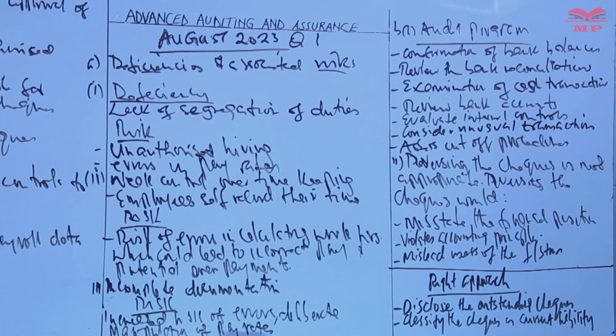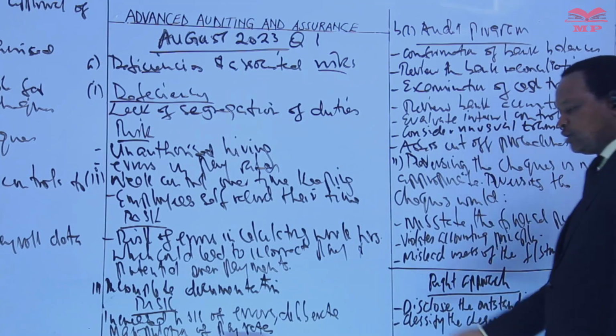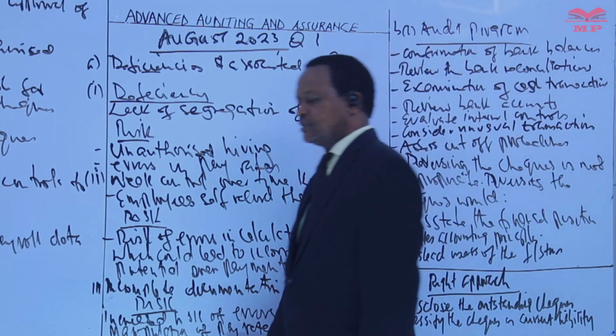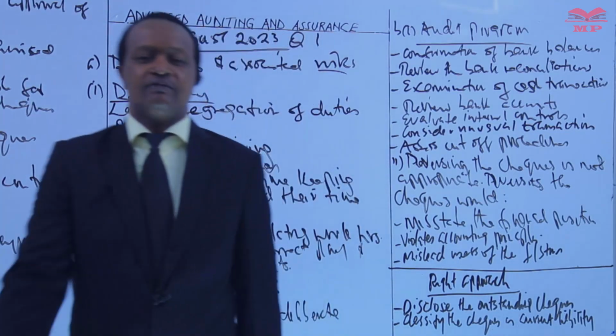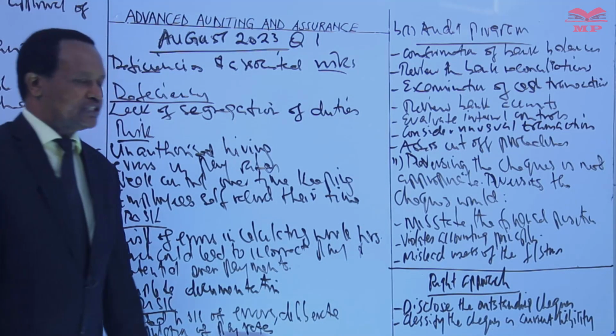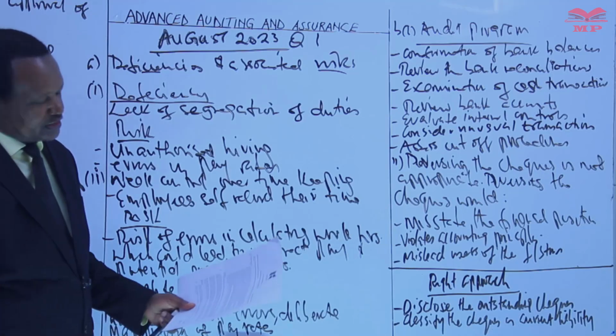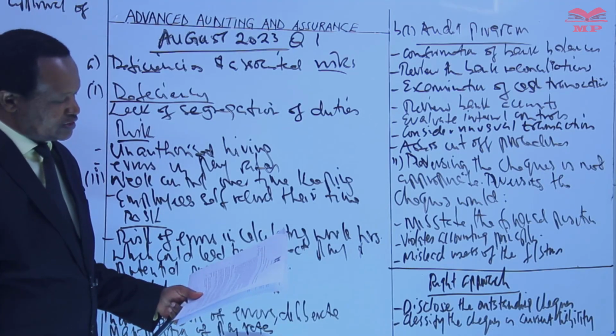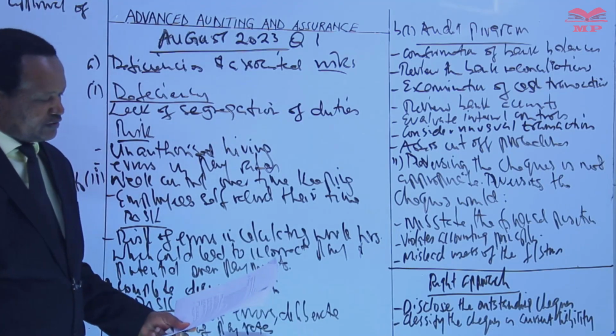The checks should be classified as accounts payable or just current liability. Then follow up to ensure that the checks have been cleared by the bank or the checks were issued before the auditor arrived. You see that? So that's it for this question.